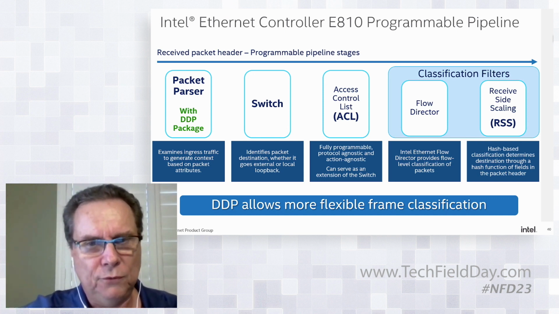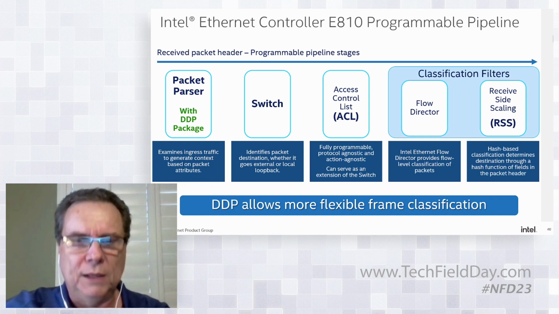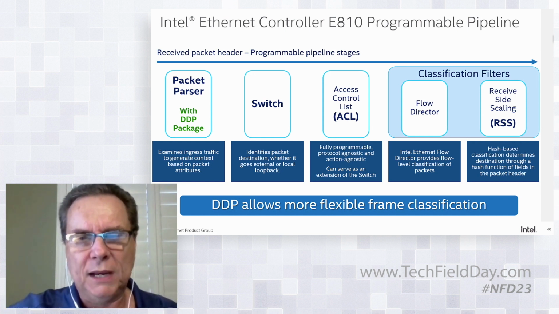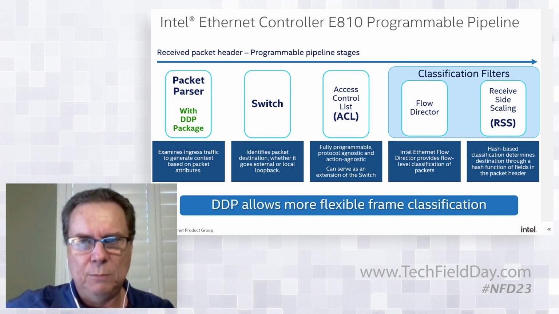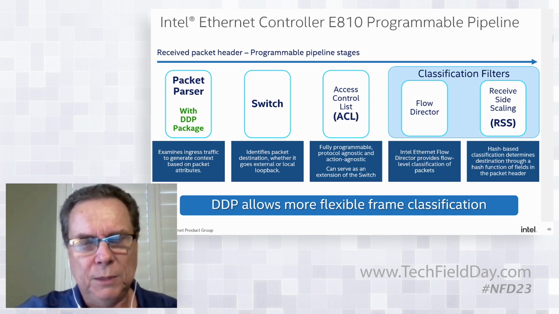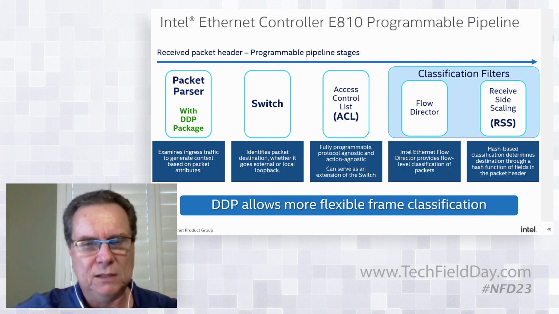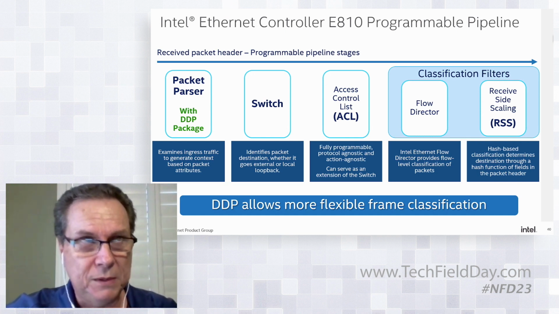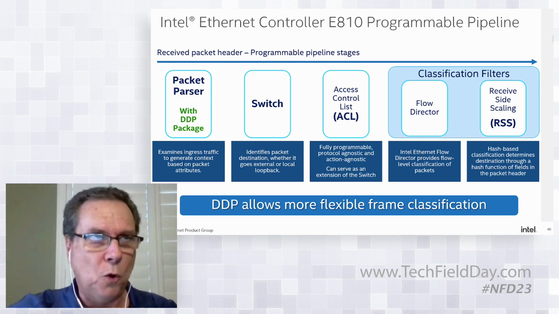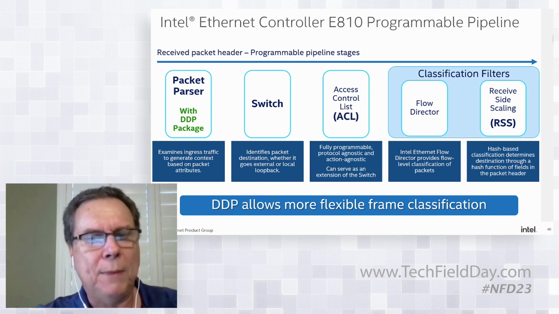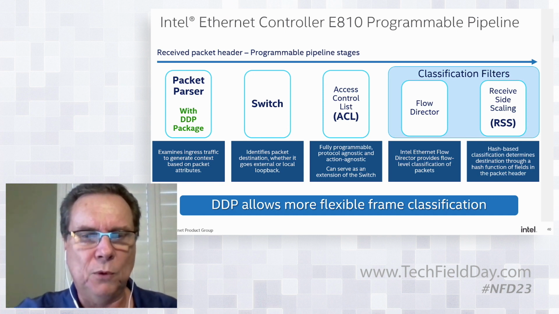And then we have classification filters. You're probably familiar with Flow Director, but let me start with RSS. RSS is a way to use hash-based mechanisms to send packets to cores, a kind of hash-type algorithm. Flow Director is a little bit more stateful. It looks at frames and identifies which frame type, which flow, and what core a flow came from, and then when it receives that flow, it puts it back to the same core, so you get better performance.